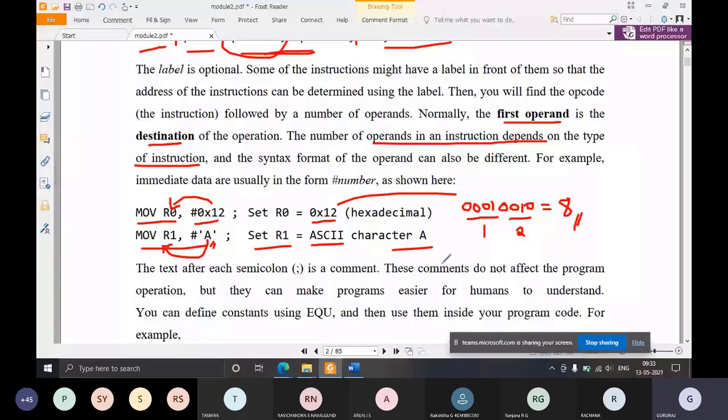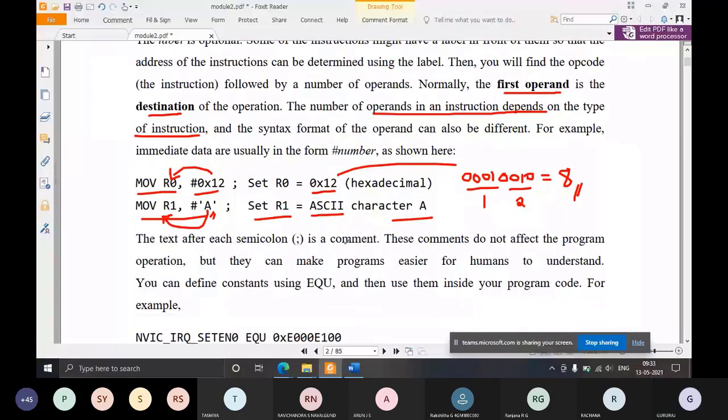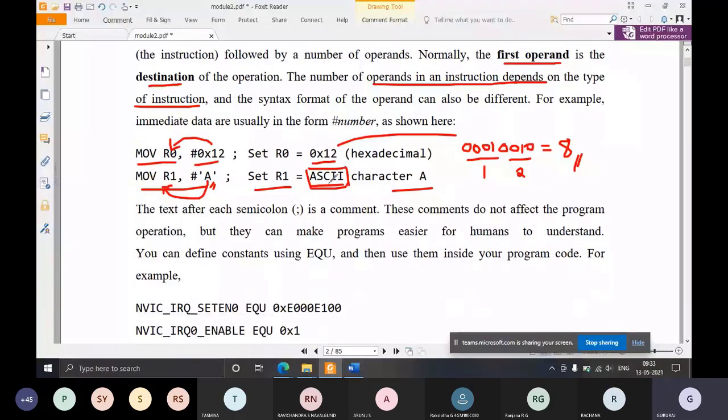If someone has forgotten, please Google it and check. Whatever letters, numbers and special characters you press using the keyboard are communicated to the processor with ASCII values only, because it is a standard value throughout the world.